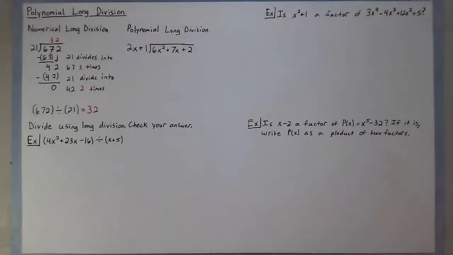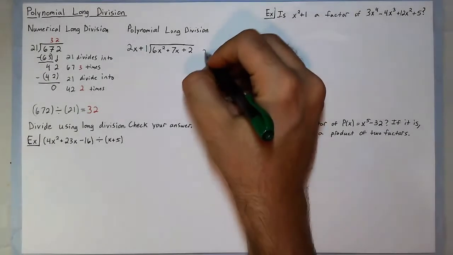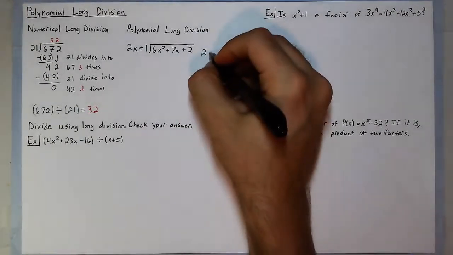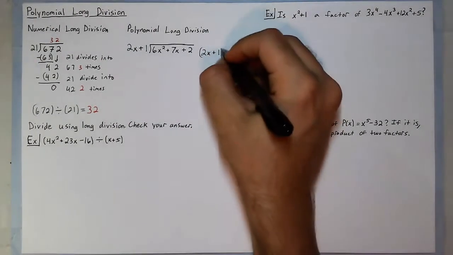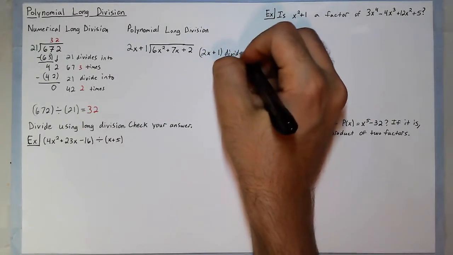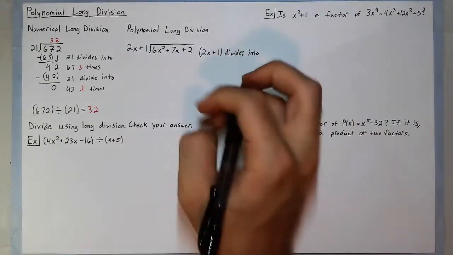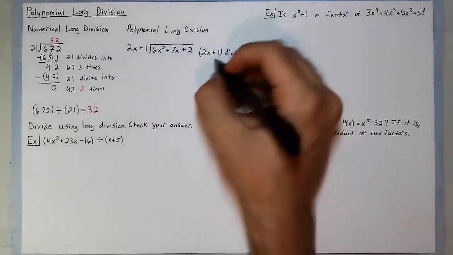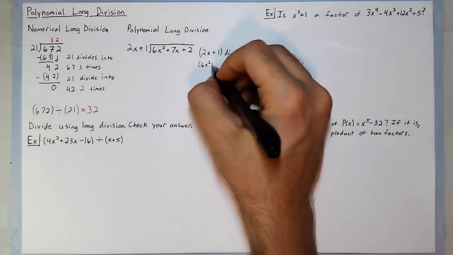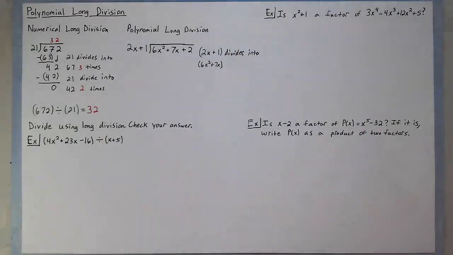You ask yourself, 2x plus 1 divides into, I'm going to look at, if it was 67 before, I'm going to look at 6x squared plus 7x, how many times?